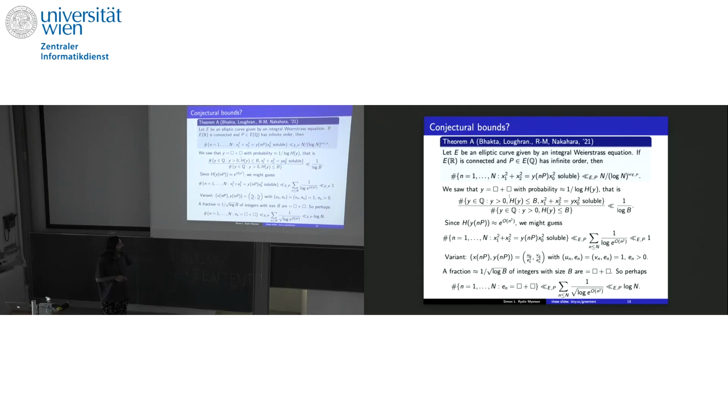And now, if one does the same heuristic, if one guesses how large this set ought to be, well, 1 on square root of the logarithm of the size of E is something like 1 on n, 1 on little n. So the naive guess for how big this is is about log of capital N.